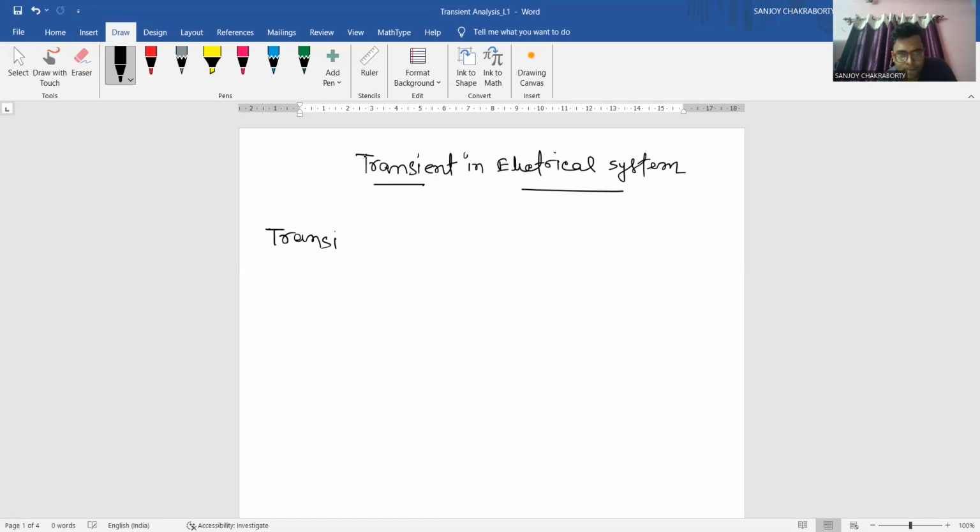What do you mean by this term transient? Basically, transient means, in very simple language, something is changing. That means it is not fixed at some level.